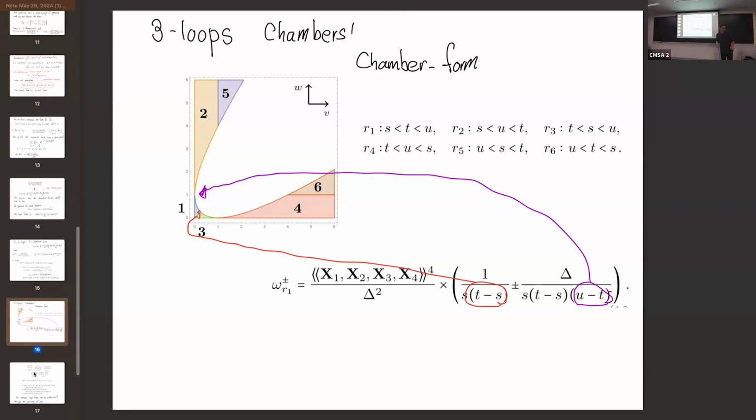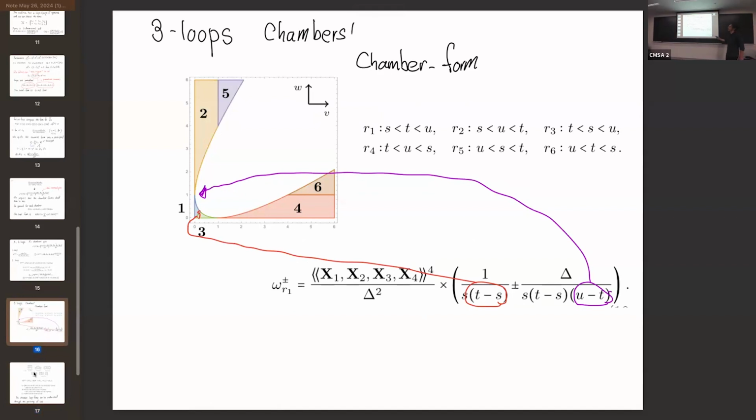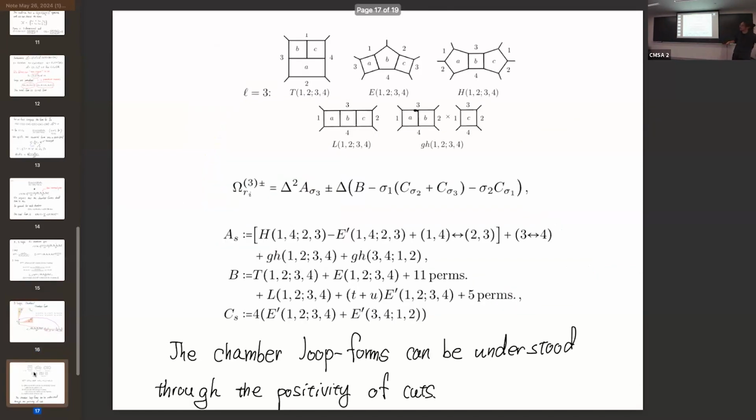Yes? So the boundaries of these chambers, the physical cuts? Yeah, okay, very good. So yes, in some sense, yes. You can ask what happens at the boundary, or what determines this boundary. If you look at the final loop form, it's a little bit compact the way that we've written here.